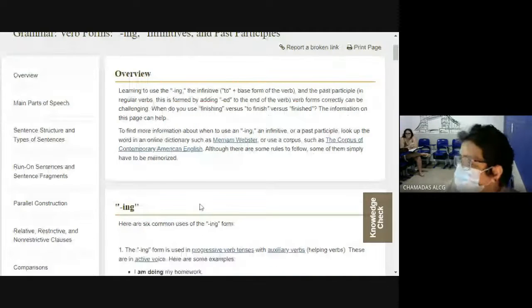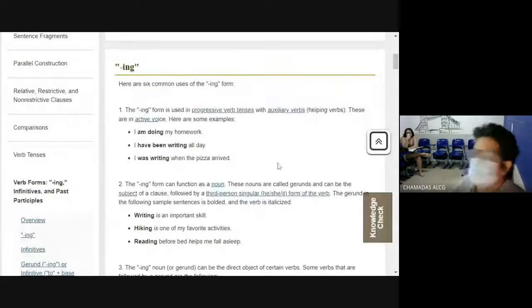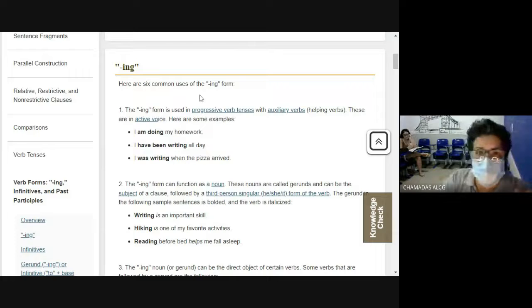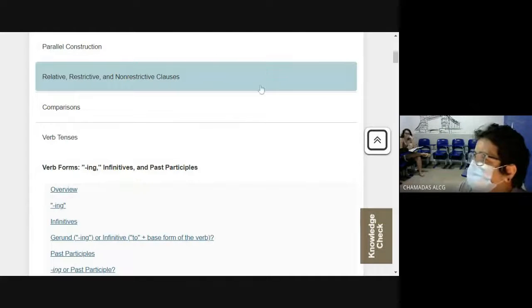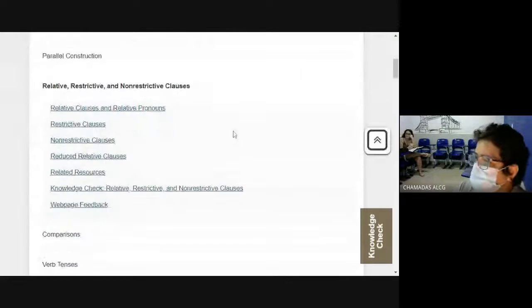So here, what matters to us is the first one here that talks about the ing form. We all know it, right? We have been introduced to that before. And today we're going to see one specific aspect of this ing form.